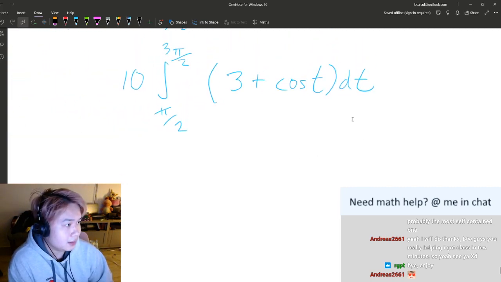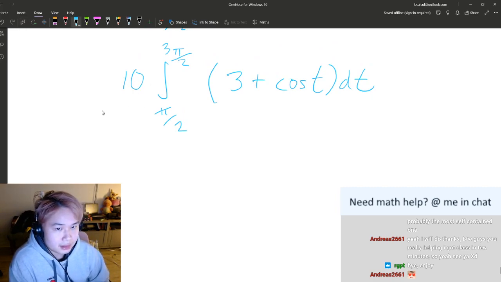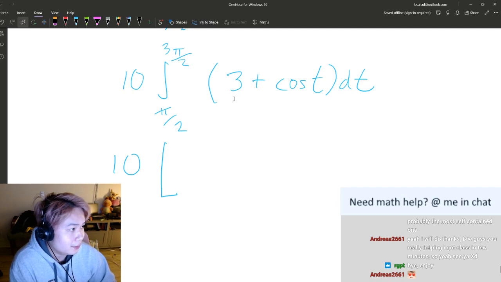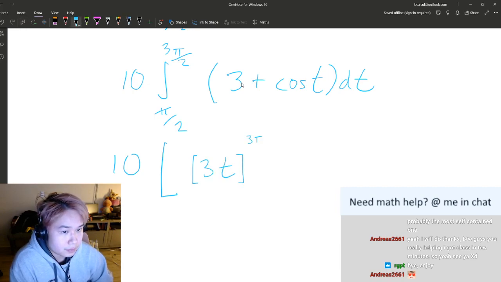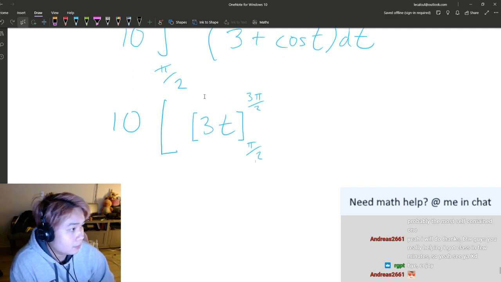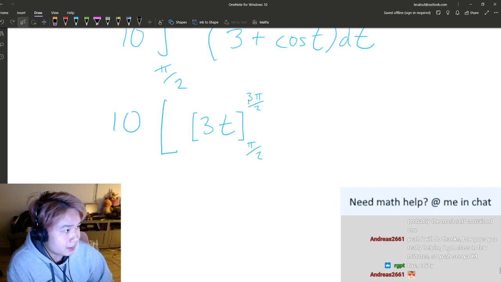Anyways, once you're here, if you wanted to factor out that 10, then it's fine. You just need to remember to multiply everything by 10 at the end. So if you want to integrate 3, then it just becomes 3t. And of course you use the fundamental theorem of calculus, and then you plug in the upper bound, and then you subtract it from plugging in the lower bound.